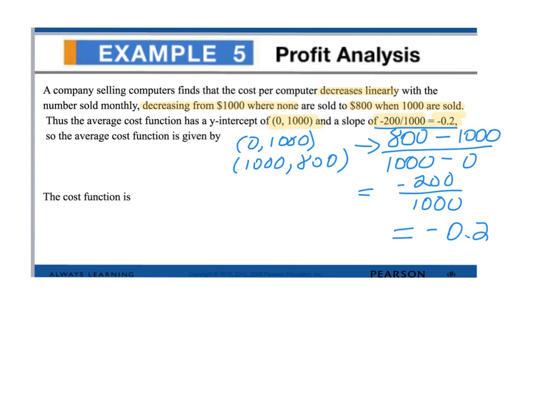And so therefore your cost function, your average cost function, is negative 0.2 times x plus, this is the y-intercept, so it's plus 1,000. And that's dollars per computer.